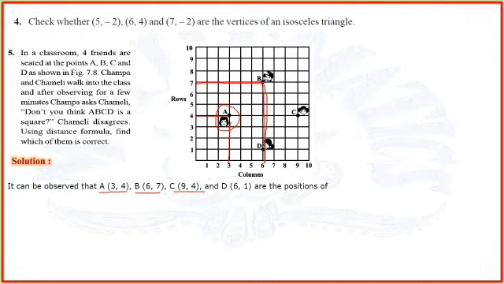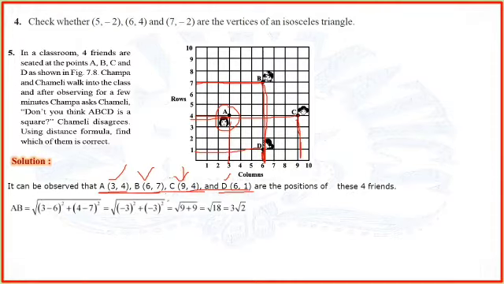C has x equal to 9 and y equal to 4. Last, D has x equal to 6 and y equal to 1. So we got the coordinates of four vertices, which are the positions of these four friends sitting at these vertices.